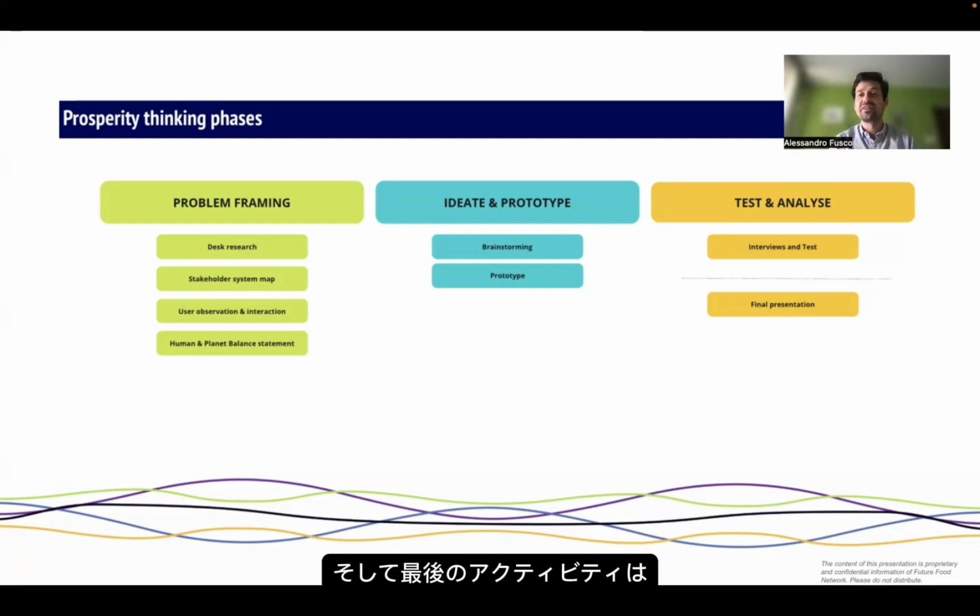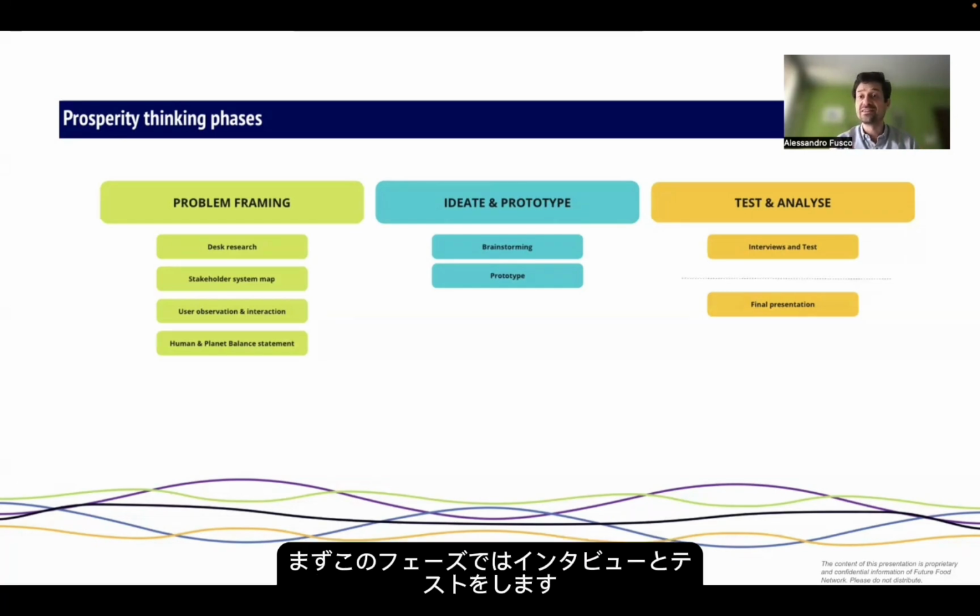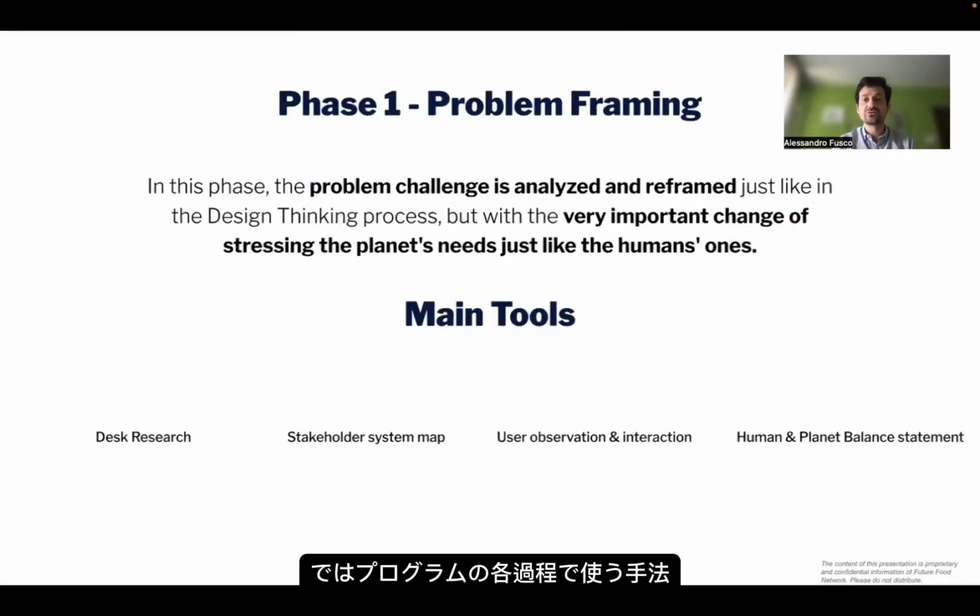And the last activity during the third phase is interview and test. We will close this process with a final presentation. But let's go through each method for each phase.